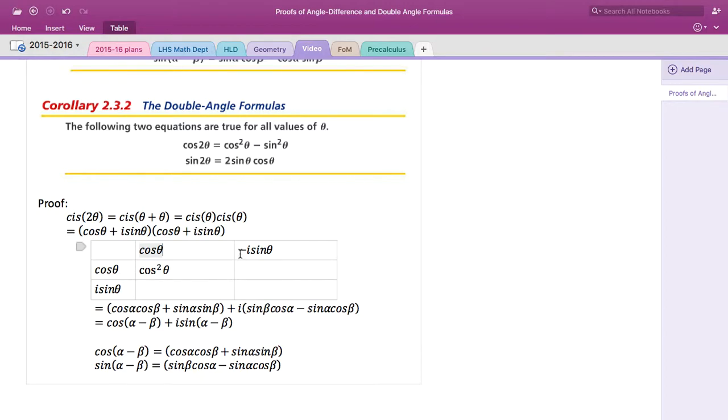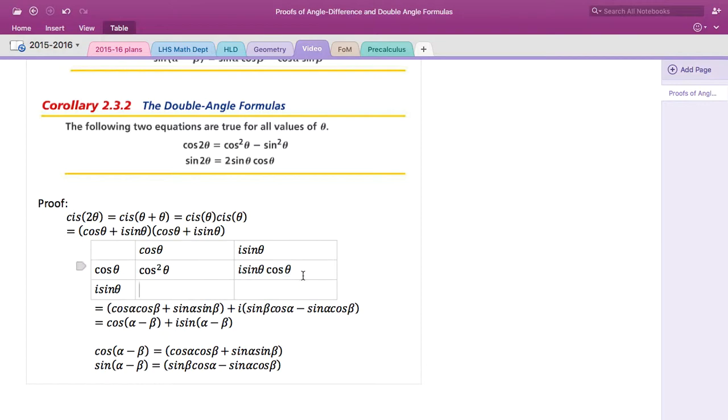and then we have I sine theta times cosine theta. Oh, that should be positive, sorry. Right?